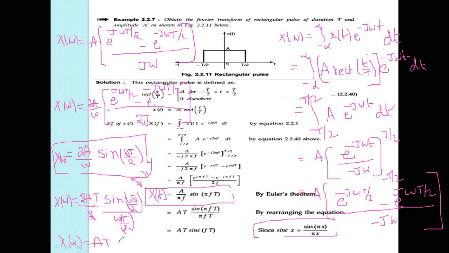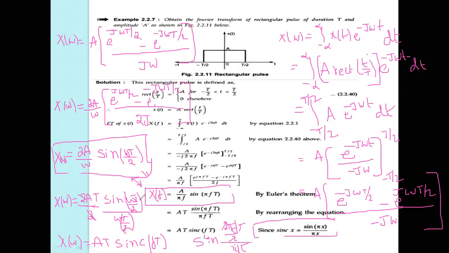The omega t by 2 over omega t by 2 becomes A t sinc(f t). With omega as 2πf, the 2 gets cancelled and we have πft over πft, sin(πx) by πx, which is sinc x.